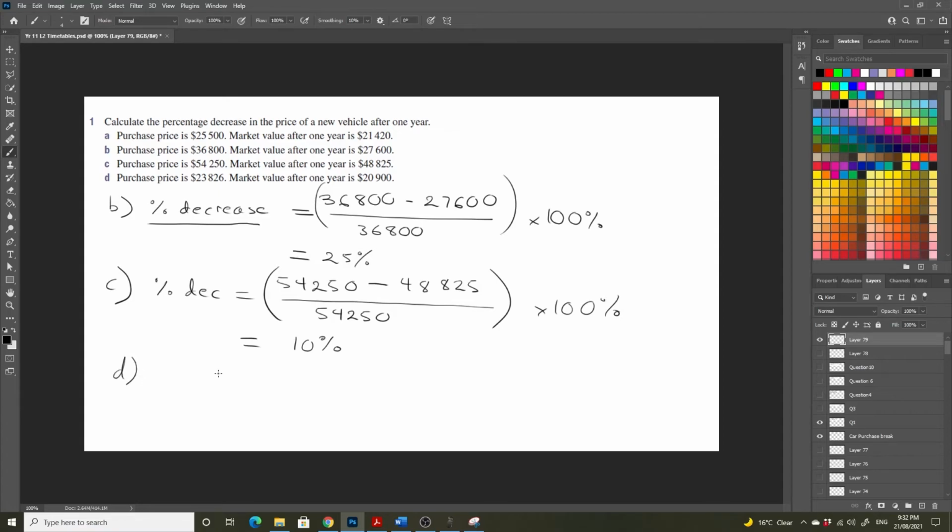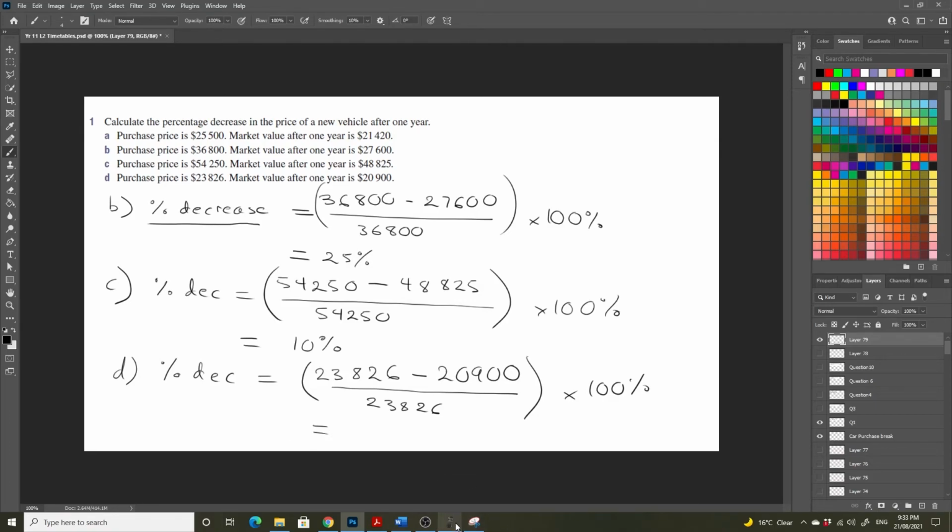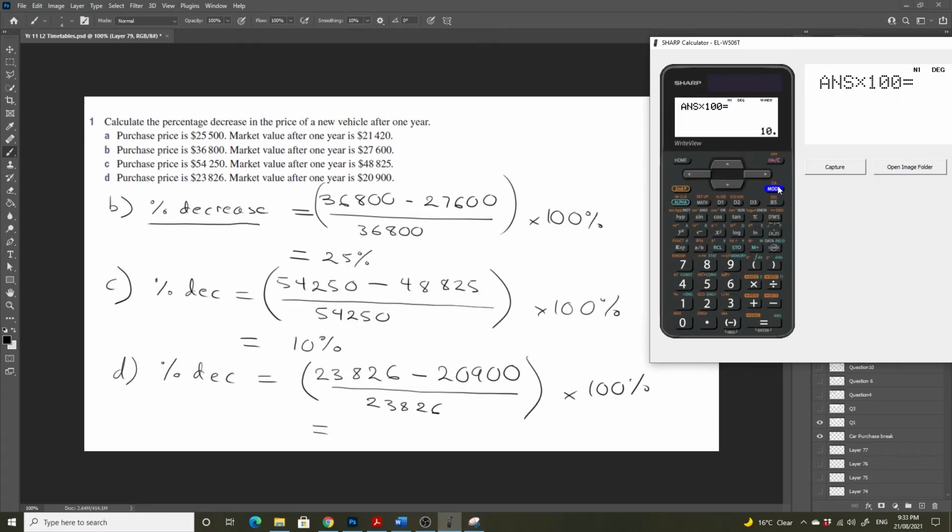Let's do D. So our percentage decrease is going to be equal to 23,826 minus $20,900 divided by $23,826 times 100%. You should keep your equal signs all underneath each other.